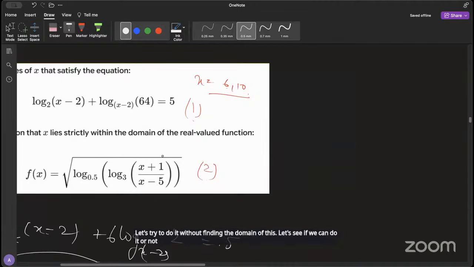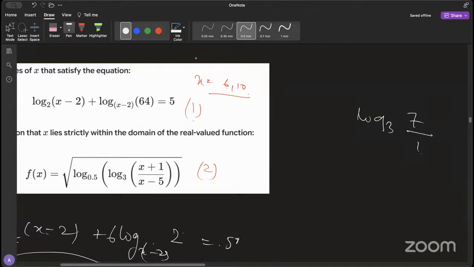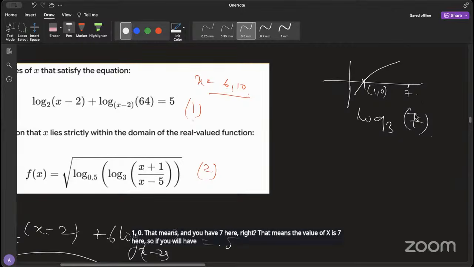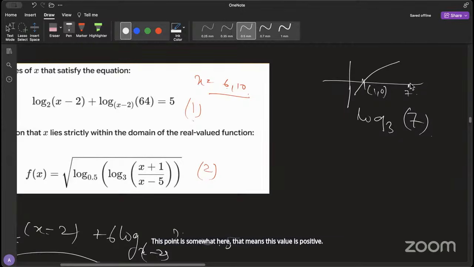If I put x is equal to 6 in this expression, I'll have log base 3 of 7 by 1. So this is log base 3 of 7. If you have seen the graph of the log base 3 function, this point is (1, 0), and you have 7 here, right? That means the value of x is 7 here. So this point is somewhat here, that means this value is positive.